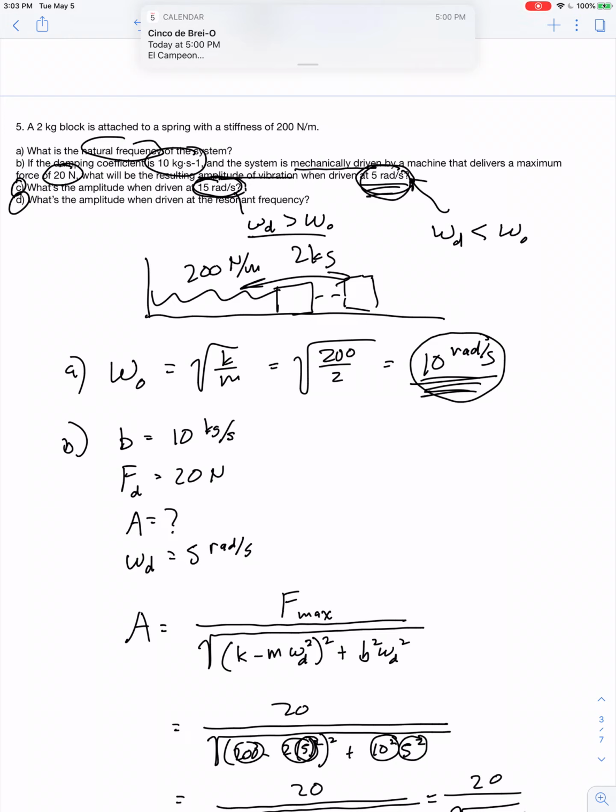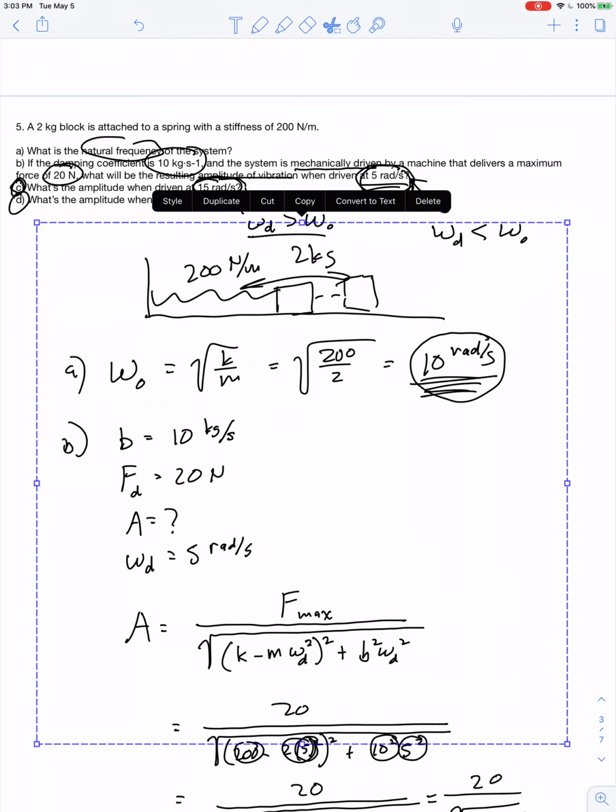Instead of 5 radians per second below the natural frequency, part C is asking what the amplitude is if it's driven at 5 radians per second above. So this ends up being an investigation of whether or not a graph of amplitude versus driving frequency is symmetrical about the resonant frequency. Let me express that graphically.